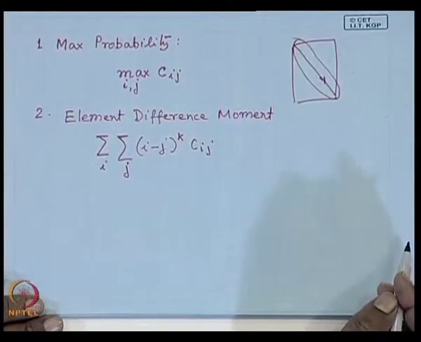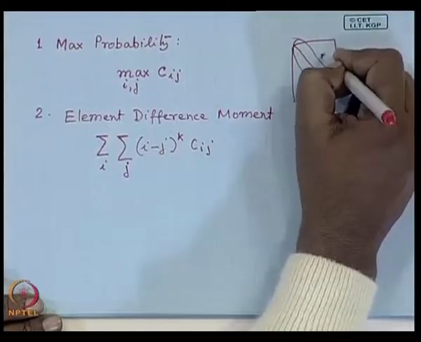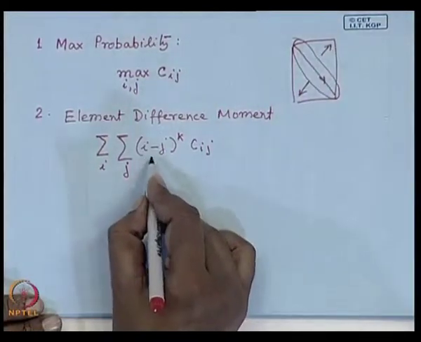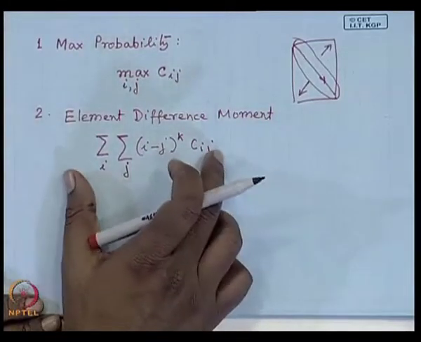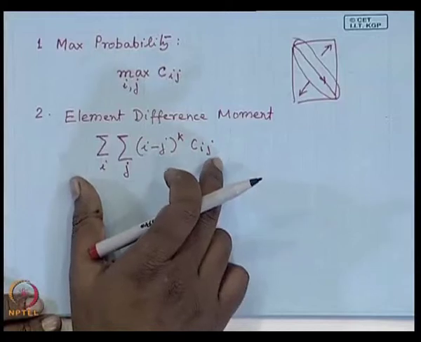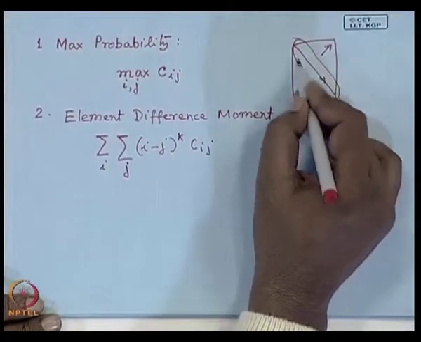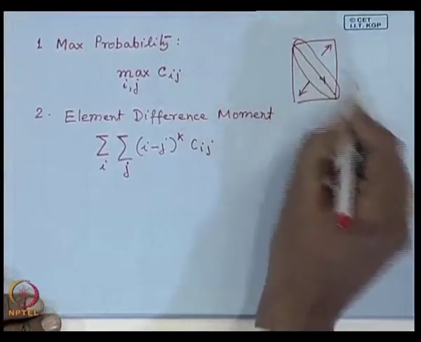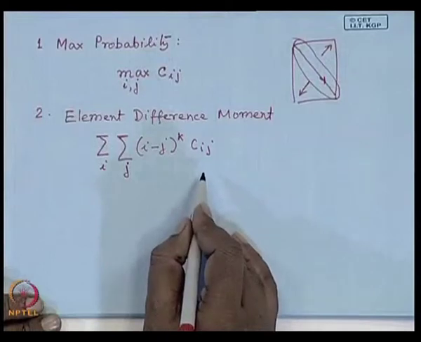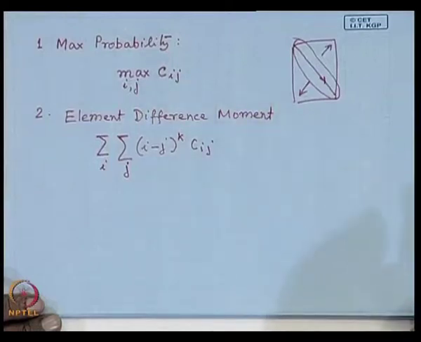If most of the C I j's are away from the main diagonal, the value of I minus j is high, so the summed up value will be more. Whereas, if most of the non-zero C I j's appear along the main diagonal, then this value will be quite less. Okay. So, this is another feature describing the textures.